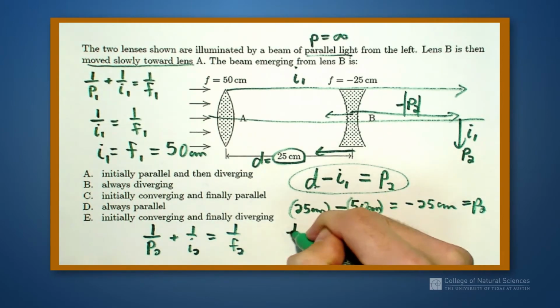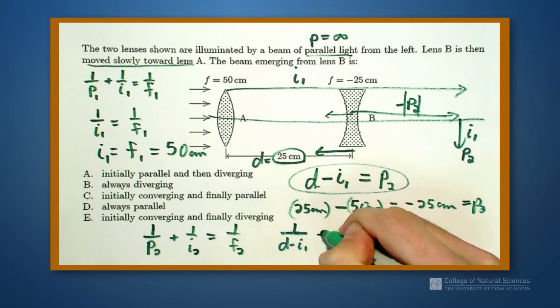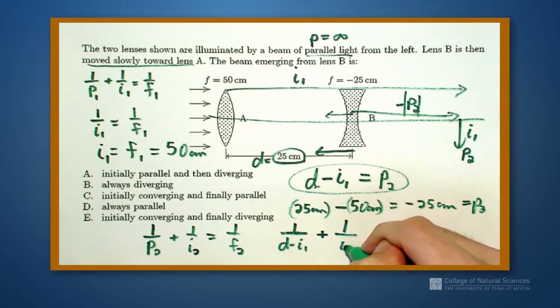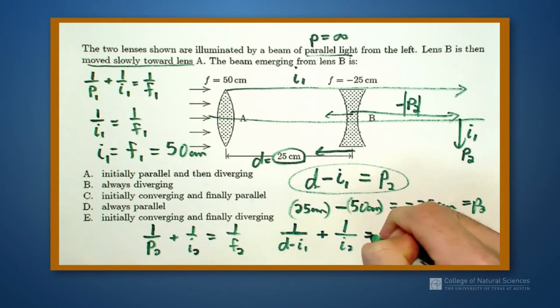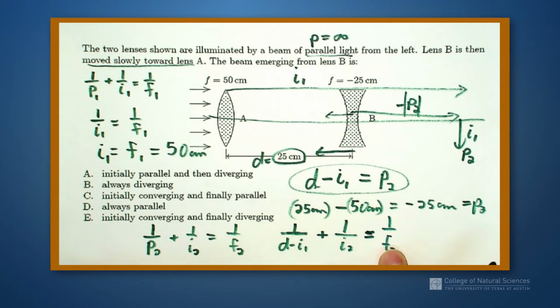So 1 over P2, and I'm going to just go ahead and substitute in this value, P2. I know that value is a negative number. My image is what I'm looking for, and that's going to equal 1 over F2. F2 is a negative number, but that number is never going to change.